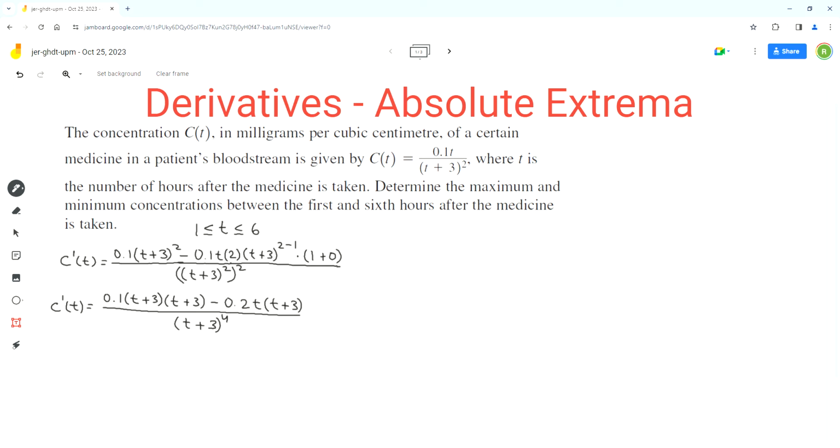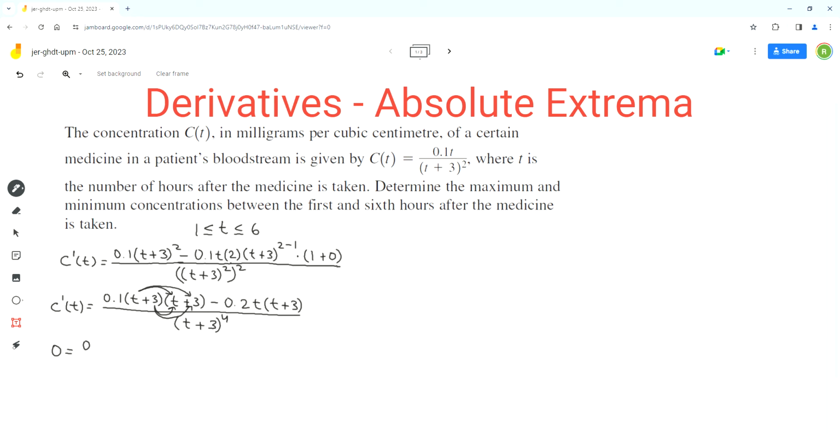Now we have to find the times at which the tangent is horizontal, or the first derivative is equal to 0. So we can set the left side equal to 0, and in the numerator we can distribute the terms in the parentheses using the FOIL method.